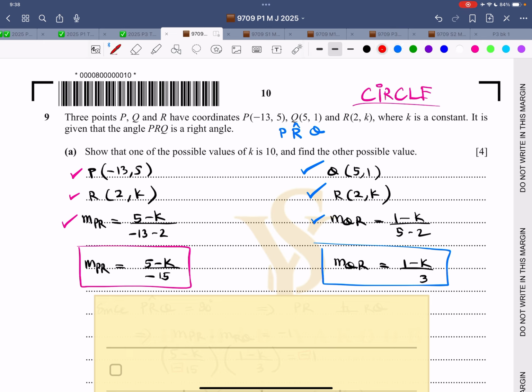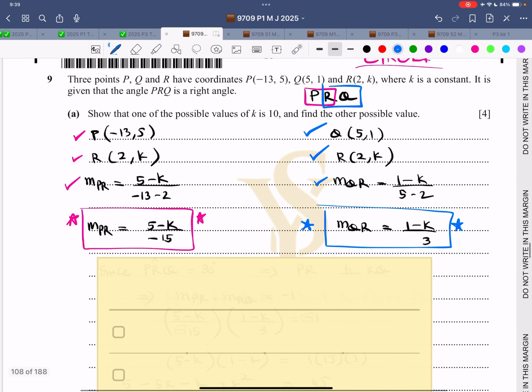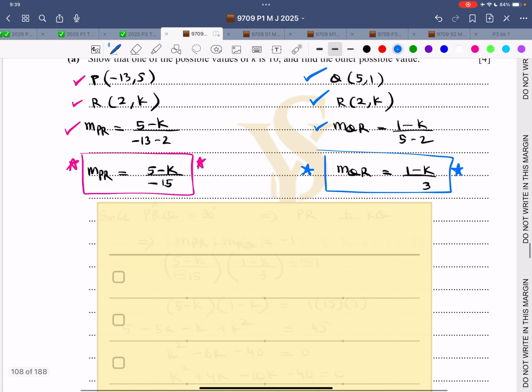That means I need this gradient PR, that is right over here. Let me just change the color so there is no confusion. This is PRQ. I need this gradient, which is PR, right over here. I need the gradient QR, which is right over here. Now, if they are perpendicular, it's a 90-degree angle, so the gradients should multiply to give you -1.